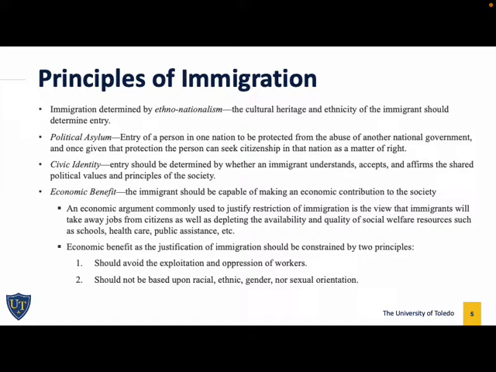And there's a series of principles. First is, again, the ethno-nationalist principle, that only persons of a particular ethnic or racial or cultural group should be considered to be citizens. So if you want to immigrate, for example, to Saudi Arabia, you have to be a Muslim.